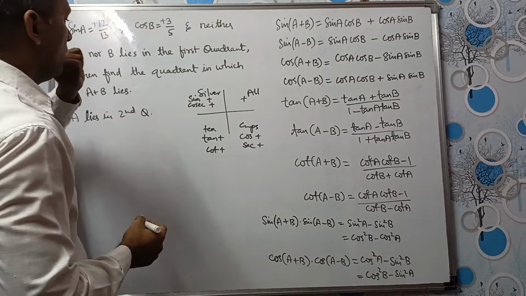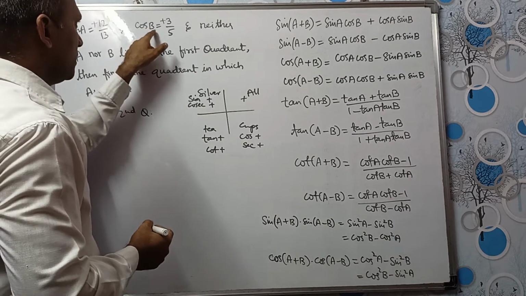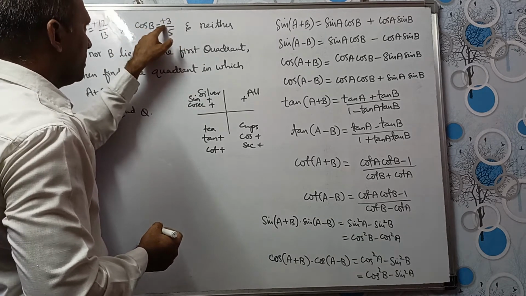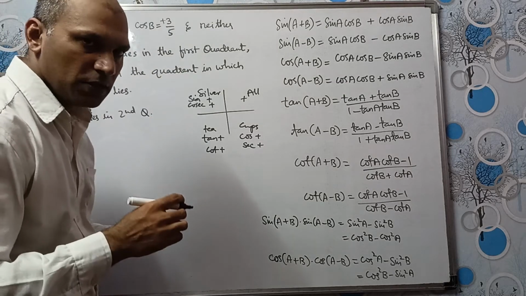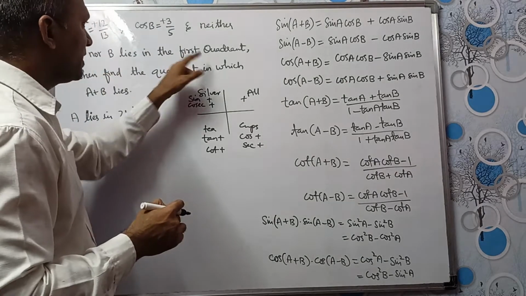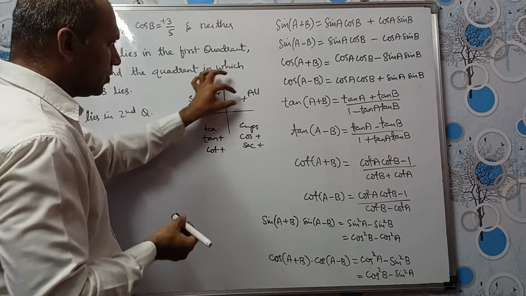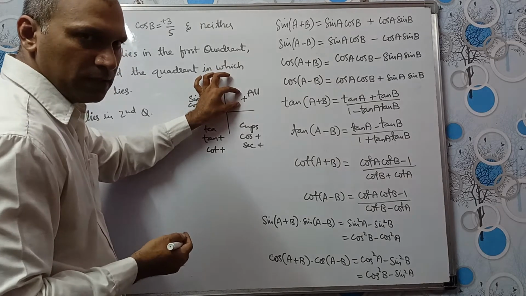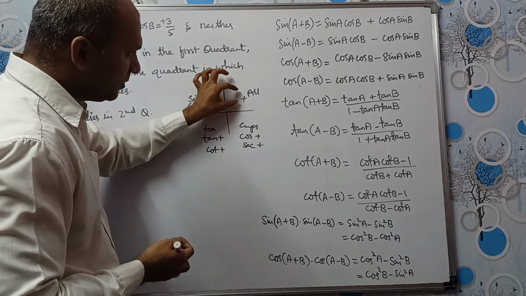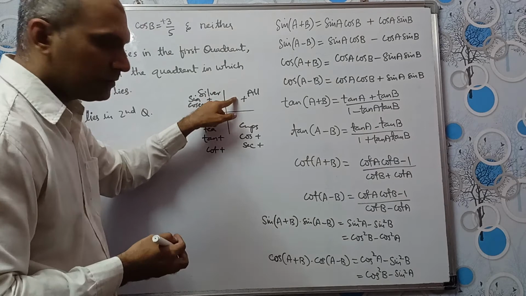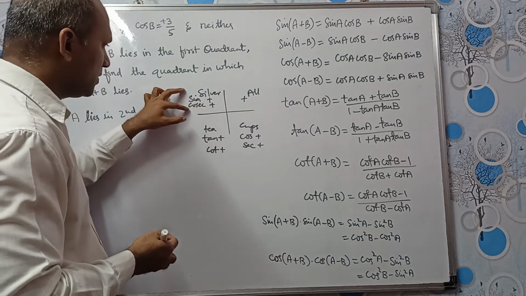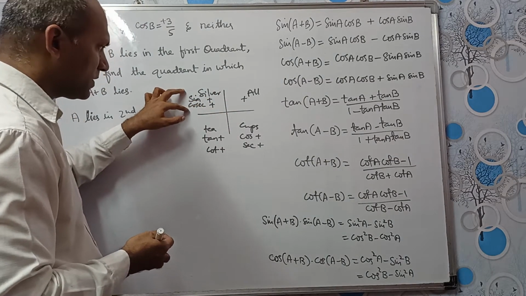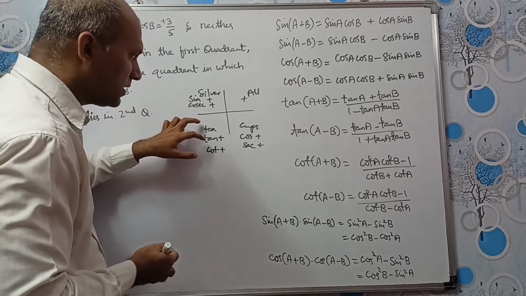Now let us worry about B. Cos B is 3 by 5 and it is positive. Cos is positive and it is clearly mentioned B does not lie in the first quadrant. So here everything is positive, right? But B doesn't lie here. So cos is positive. Will it lie here? No. In this cos is negative. In this also cos is negative.